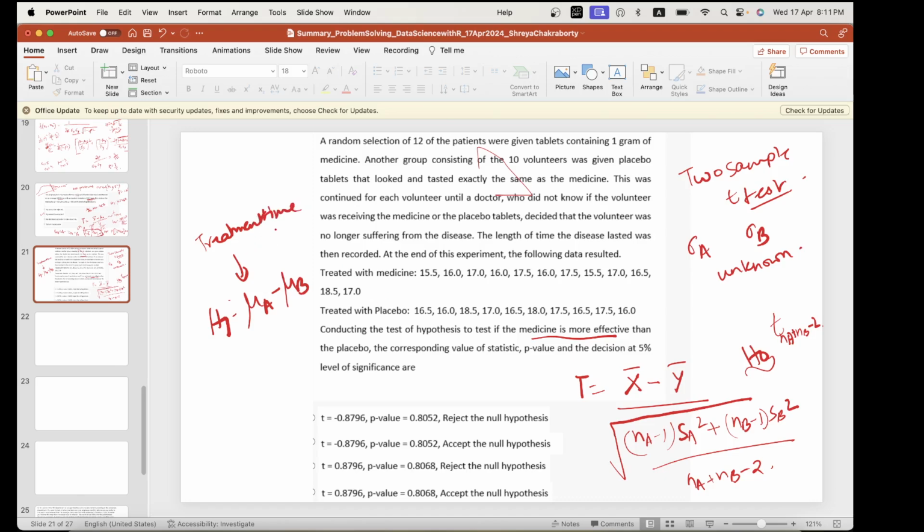This is with respect to length of disease, and length you would want to reduce. Ideally you would want mu A to be less than mu B. So for mu A minus mu B, H1 will be mu D less than 0. So this will be a left tail test.